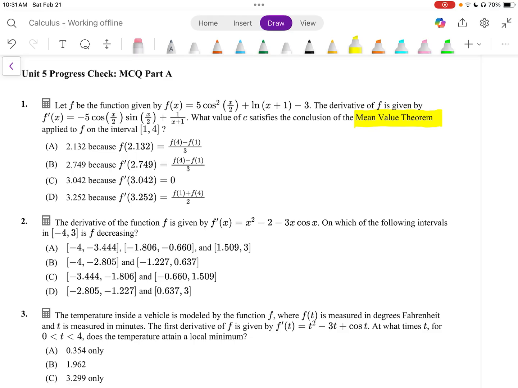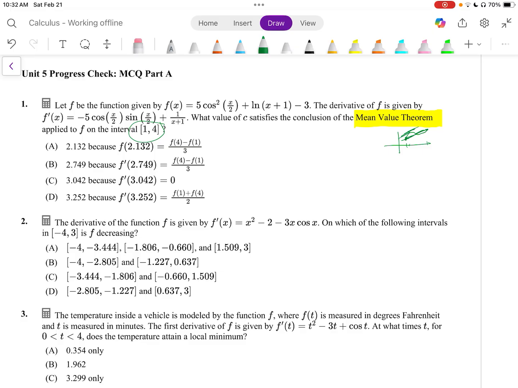For the mean value theorem, you have to have a continuous and differentiable function, which f of x is. In fact, we know it's differentiable because it gives us the derivative there. And the mean value theorem says that if we connect the endpoints of the interval 1 to 4, and this is not the actual drawing of it, and find that slope, there will be at least one point between 1 and 4 where the graph will have a tangent line with the same slope.